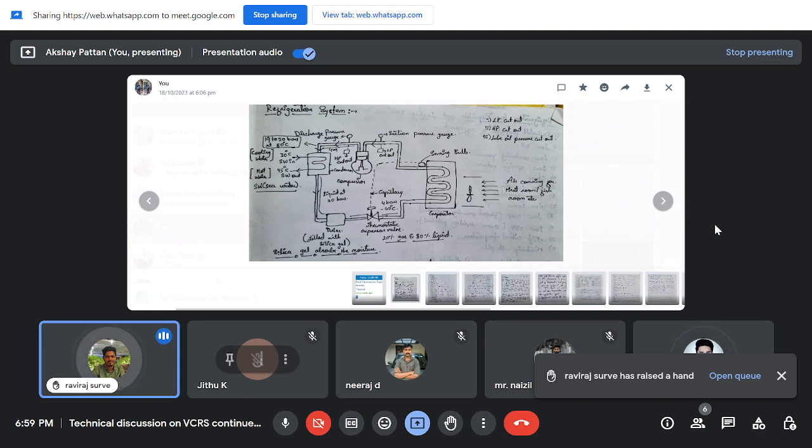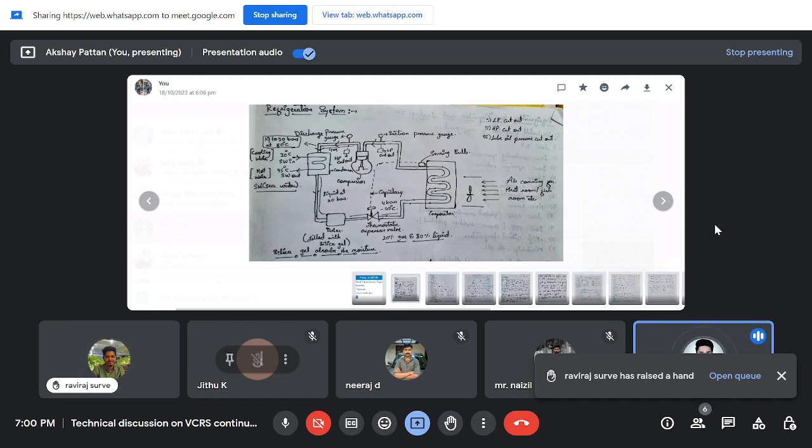After that, the relief valve. We know that the relief valve relieves the excessive pressure generated by the compressor. After that, the solenoid valve. It is fitted on the discharge line of the condenser, which closes when the compressor is stopped or tripped to avoid overflow of refrigerant entering the evaporator.